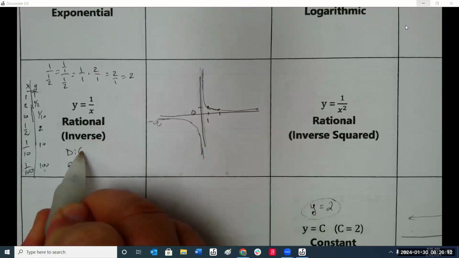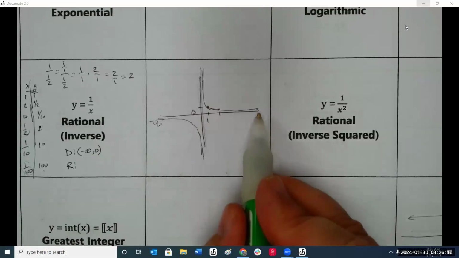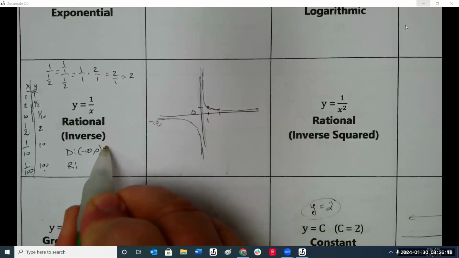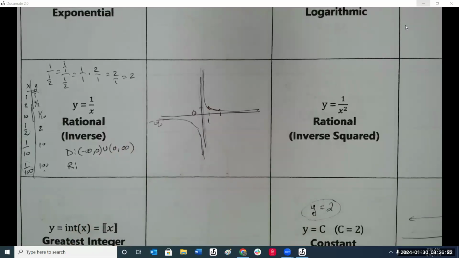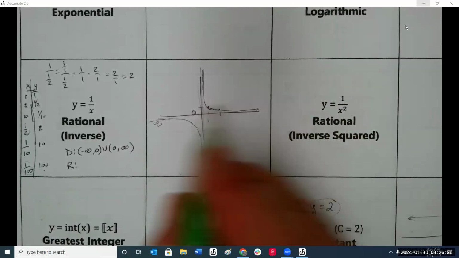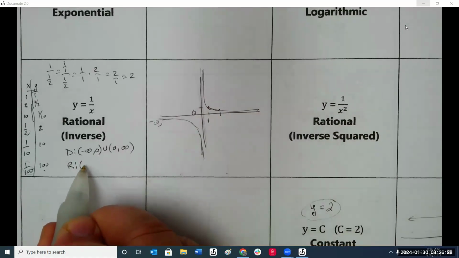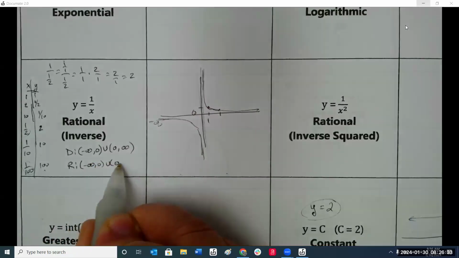So we have negative infinity all the way close to 0, and then the same thing on the other side. We have a union of 0 to infinity. We just cannot have 0. Same thing with the range: from negative infinity to 0, union 0 to infinity.